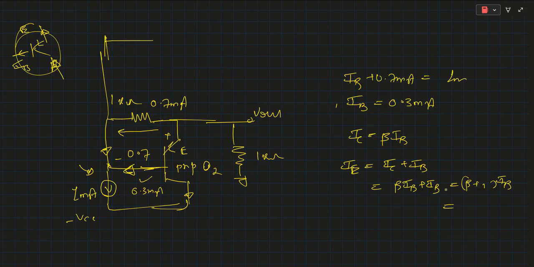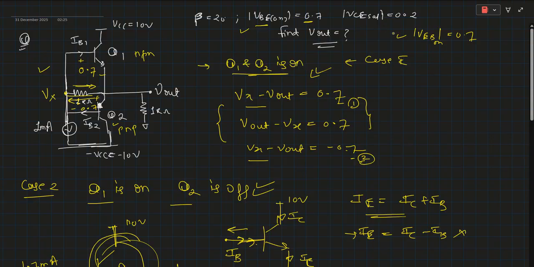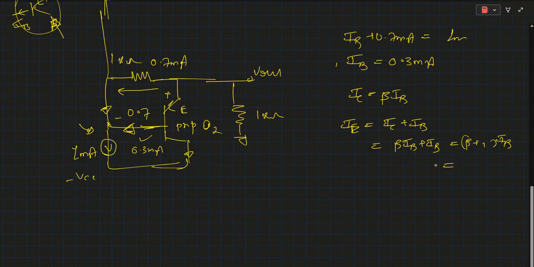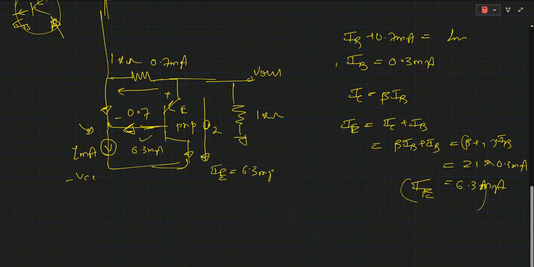Beta is 20, as given. So this is 21 times IB, which is 21 multiplied by 0.3, giving 6.3 milliampere. This is the emitter current, flowing in this direction.